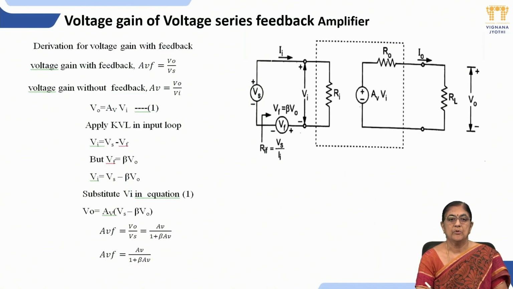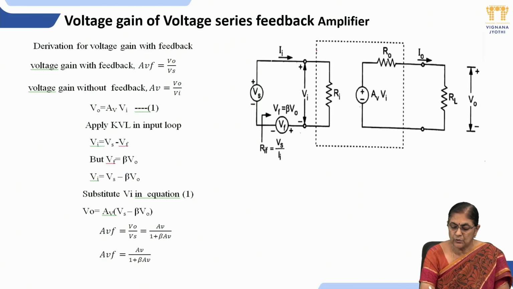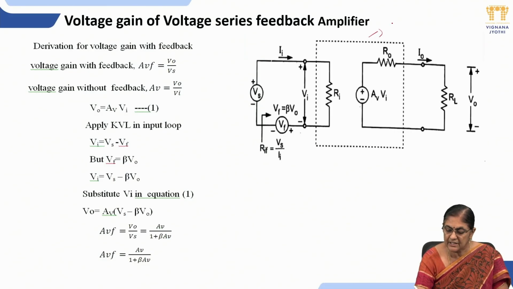So next we will see about derivation for voltage gain with feedback. So basic amplifier used in this feedback amplifier is voltage amplifier. The circuit represented in these dotted lines is equivalent circuit of voltage amplifier.